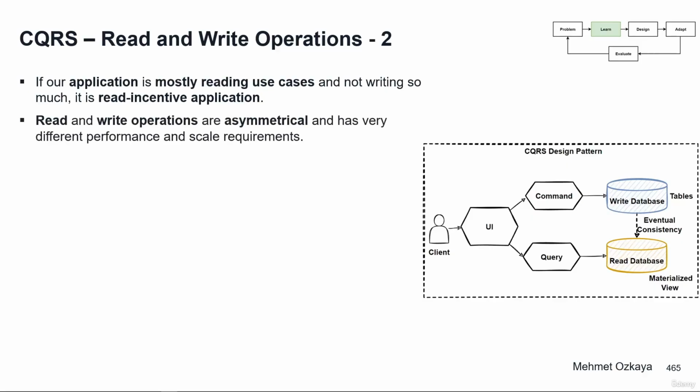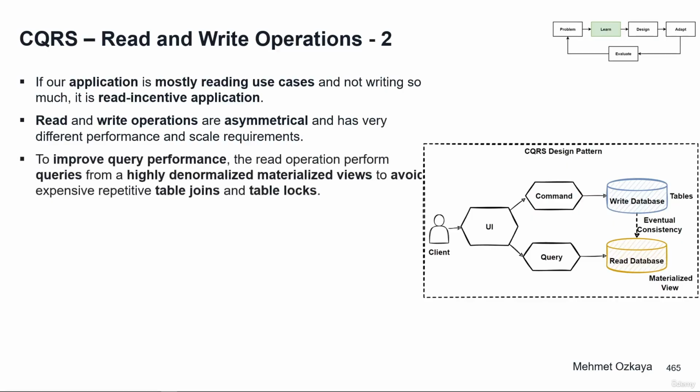So as a summary, read and write operations are asymmetrical and have very different performance and scale requirements. In order to improve query performance, the read operation performs queries from highly denormalized materialized views of the data in order to avoid expensive repetitive table joins and table locks.